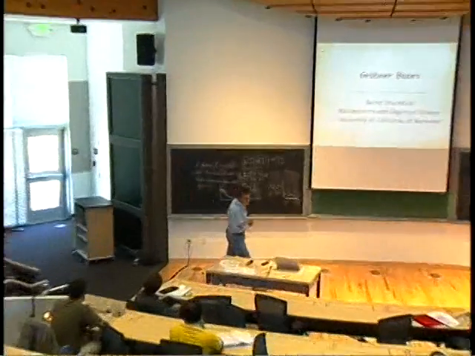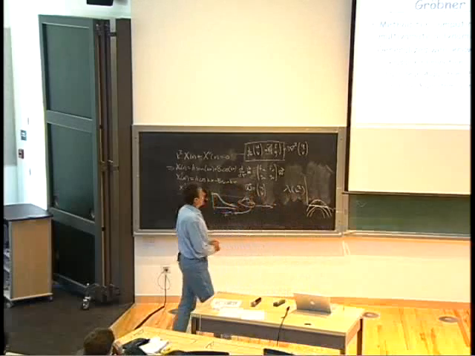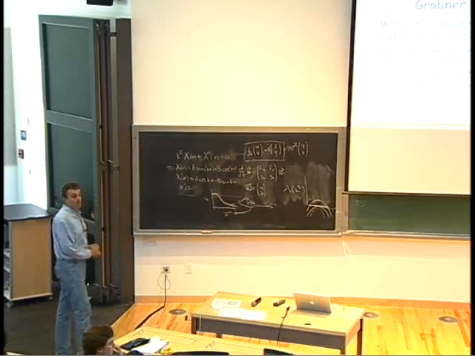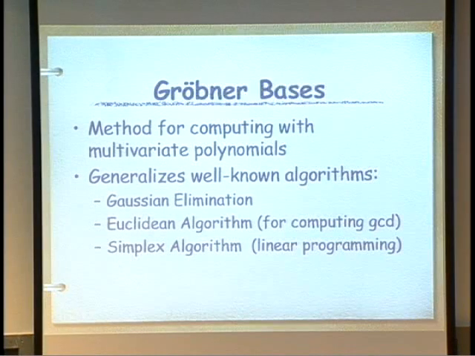So Gröbner bases are a method for computing with polynomials in several variables, multivariate polynomials. And they generalize three well-known algorithms. So well-known if you've studied math at an undergraduate level.